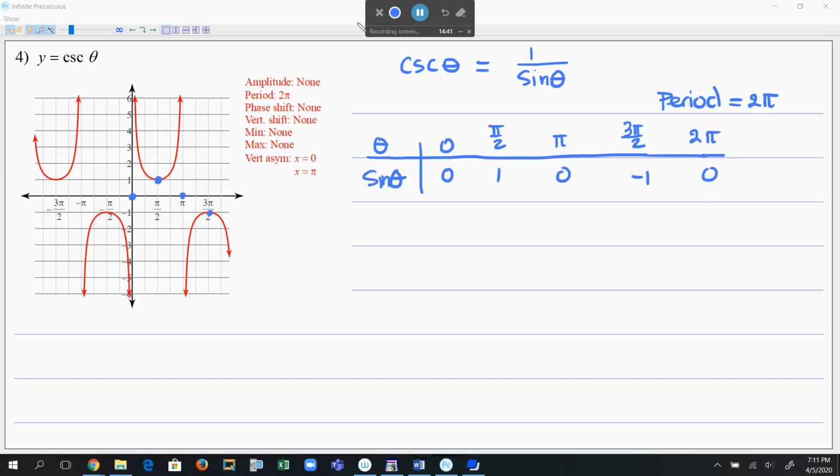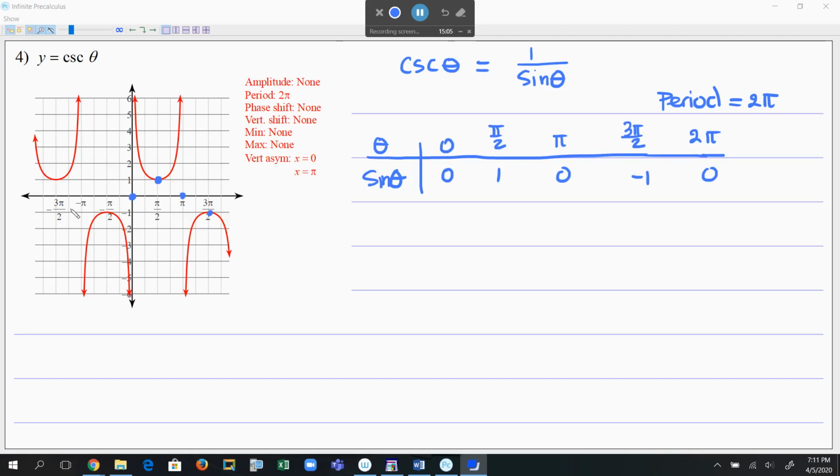Next step, after you graph the sine function, where the sine function equals 0, that will be your vertical asymptote.